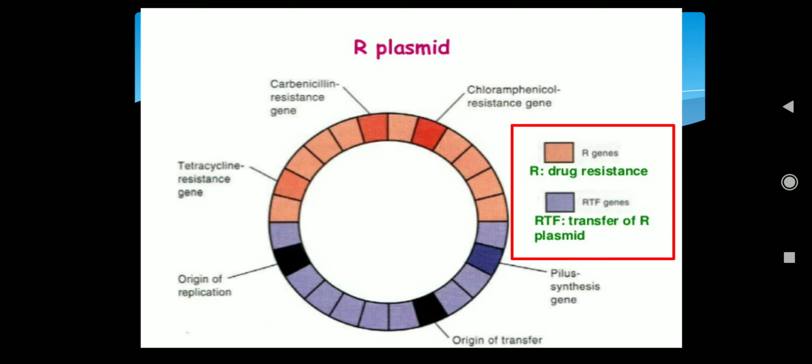So the insertional sequence element is present between the R determinant and the resistance transfer factor, and it separates these two segments. The main function of this IS element is to separate the R determinant and the resistance transfer factor.